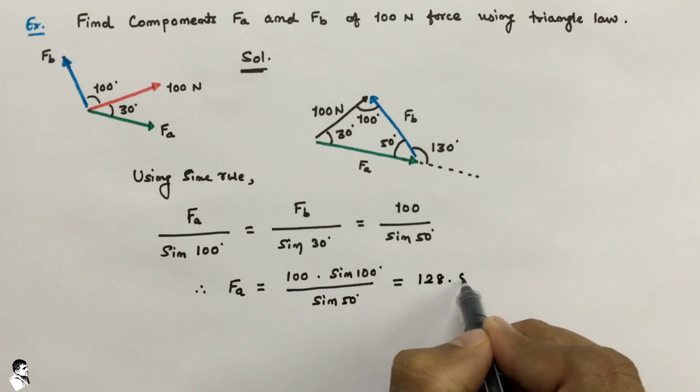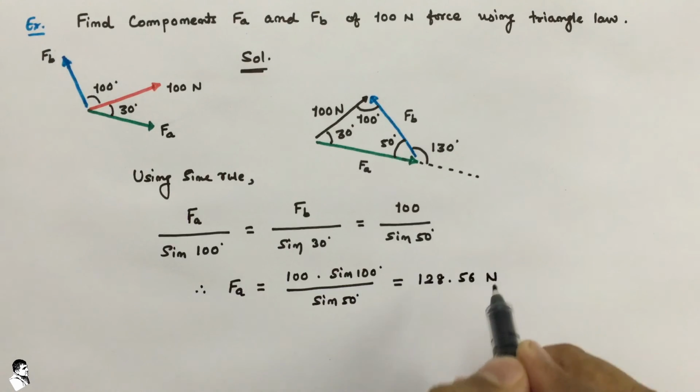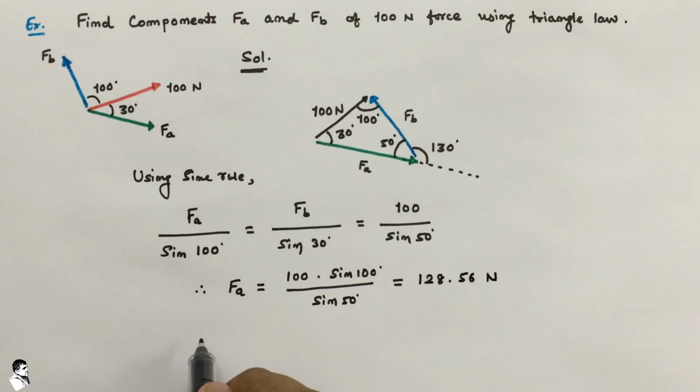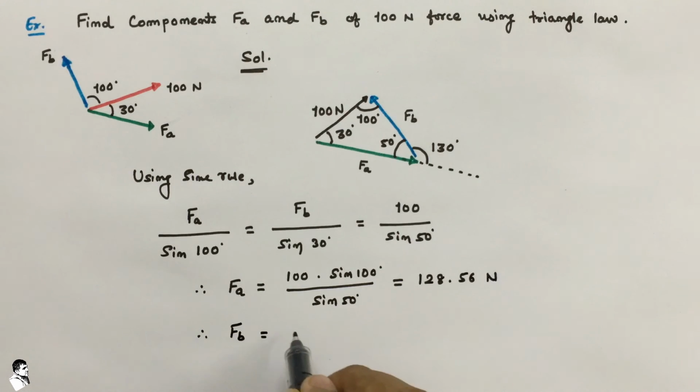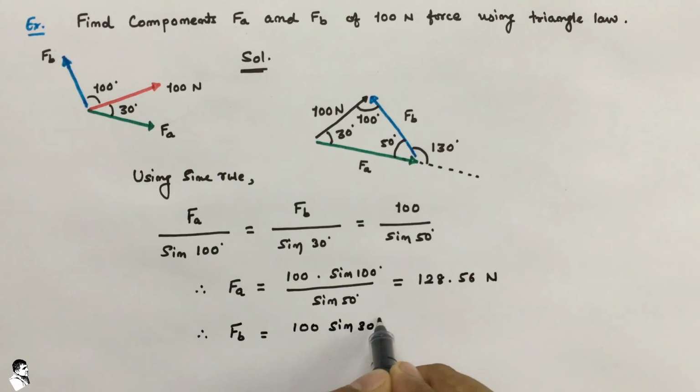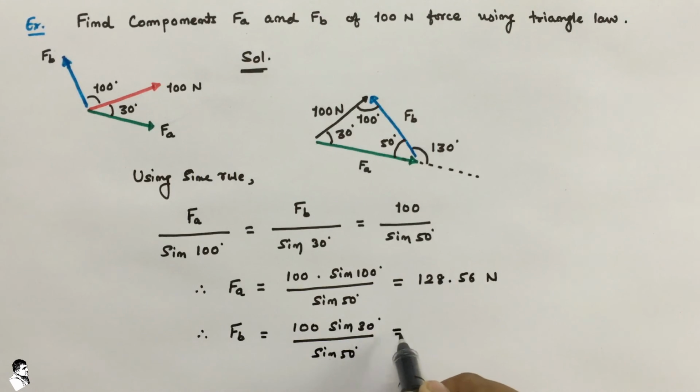If you sort out, this would be 128.56 Newton, and similarly this FB component equals again 100 times sine 30 divided by sine 50.